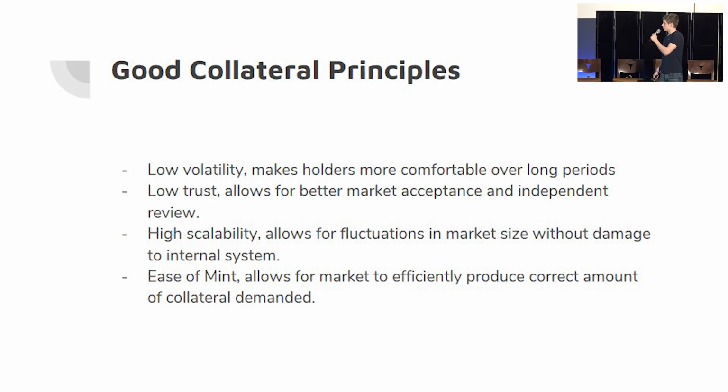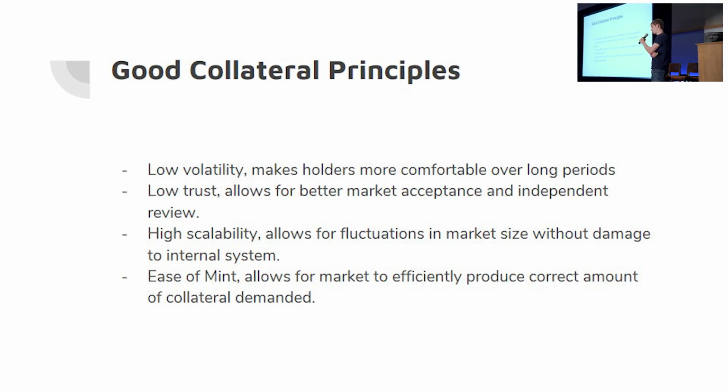You also want it to be low trust. What I mean by this, we'll get into a little bit later, but sort of a jab at centralized stablecoins, which are a common use of collateral, especially on Perpetual Protocol and other derivatives platforms. This can be a huge problem, not only for the people who believe in the DeFi principles here, but also just in terms of trust.